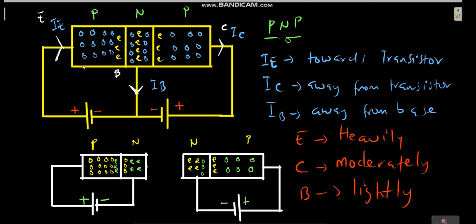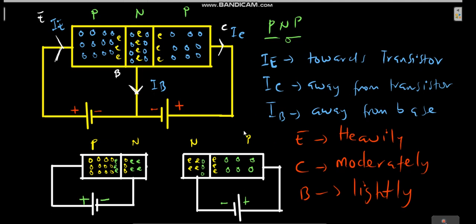That's what is really happening here. At the emitter side there are a lot of holes as compared to the collector side. And in the n-type material there are only a few electrons, which tells us that it is lightly doped.